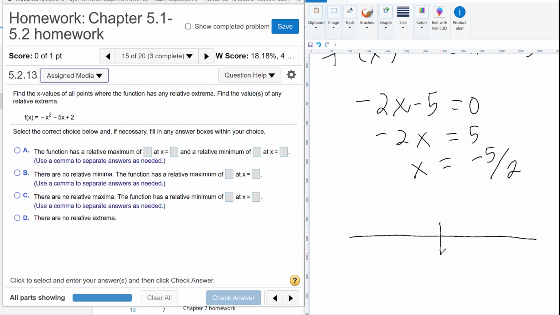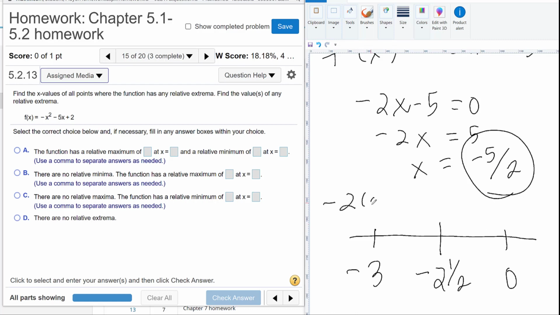We put that on our number line. I'm just going to write it as negative 2.5. Now remember that my math lab always wants a fraction, but it makes it easier for you to make sure that you're picking values that are actually to the left and to the right of your 0. So we're going to put 0 into the derivative. If I put 0 into negative 2 times 0 minus 5, it's going to be negative on this side.